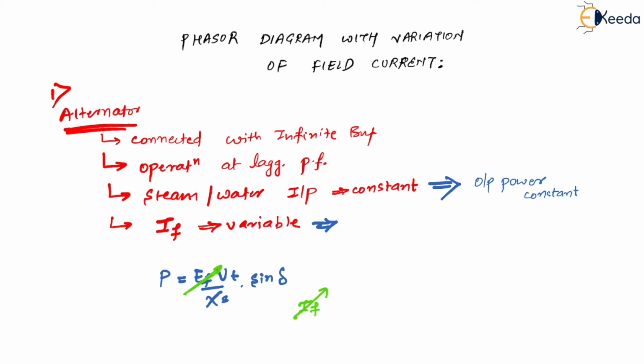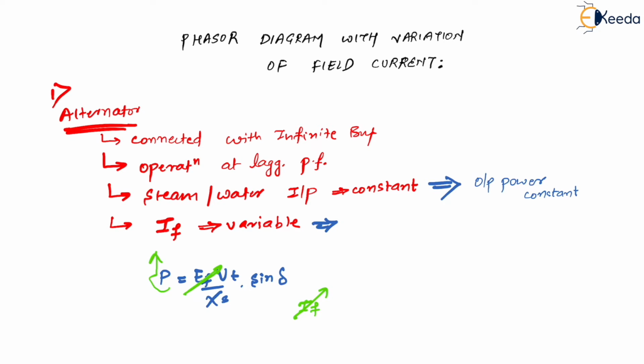Already we have seen this: If creates the flux, and because of the change in flux, Ef comes. So if my Ef is increased, my output power will increase, example. Then what will happen, sir?